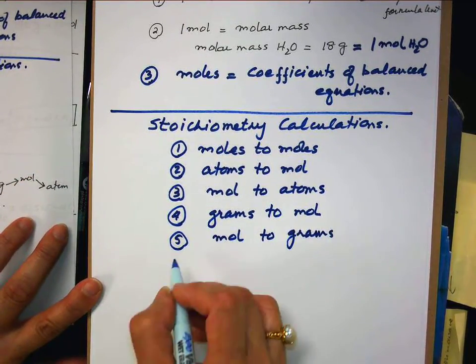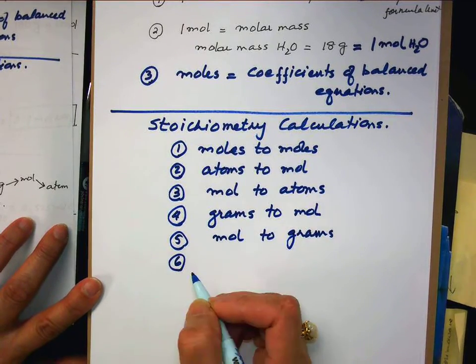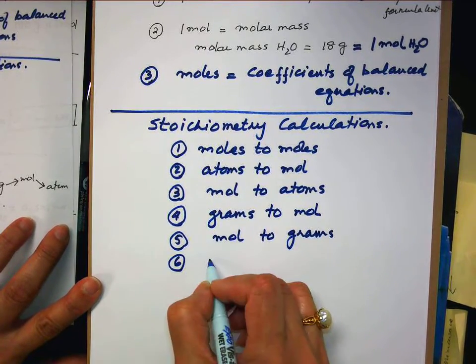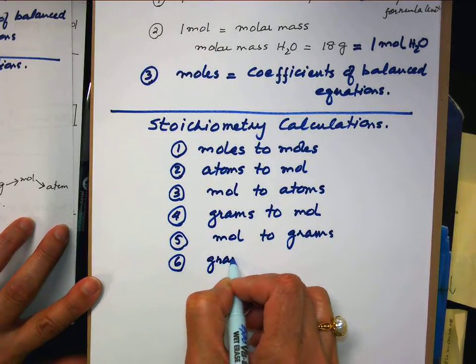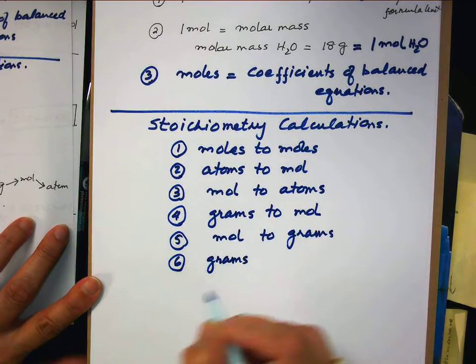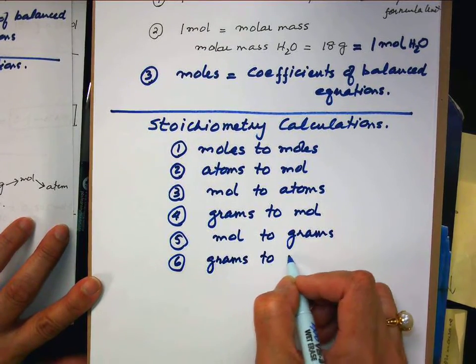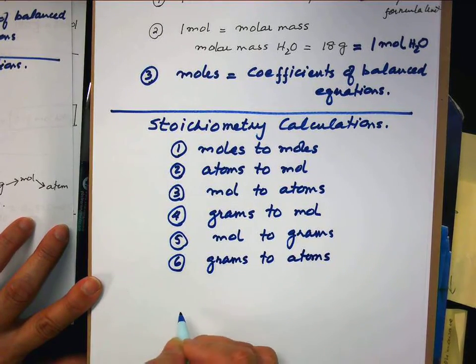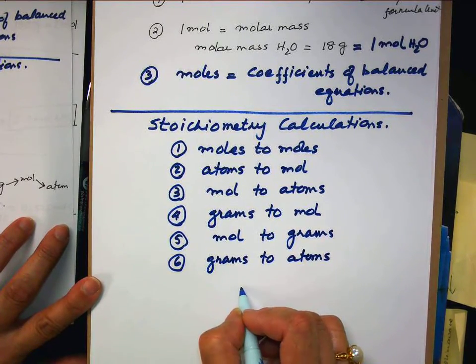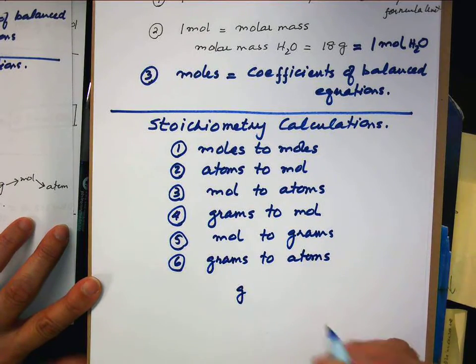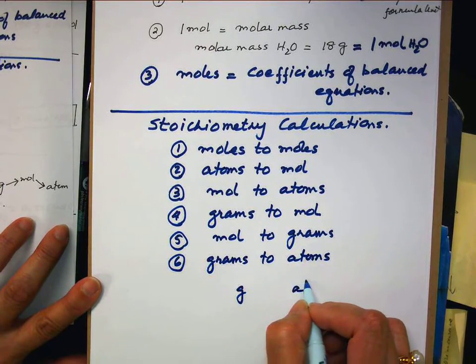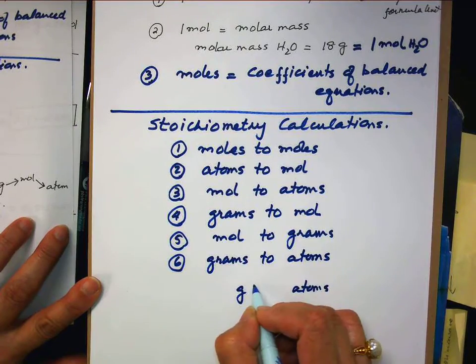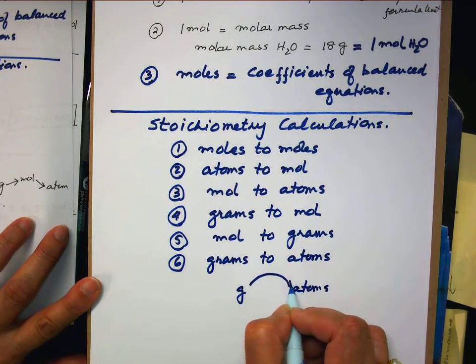All right. Number 6 is the 2-step process. Grams will be given, weight will be given. You want to change all the way to atoms. The other day we saw the video, grams and atoms, you have a bridge here.